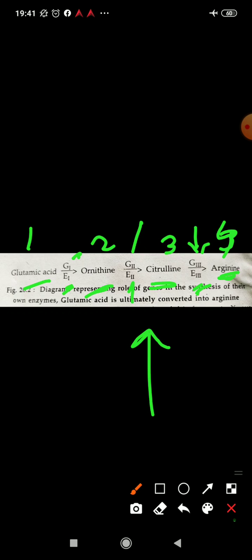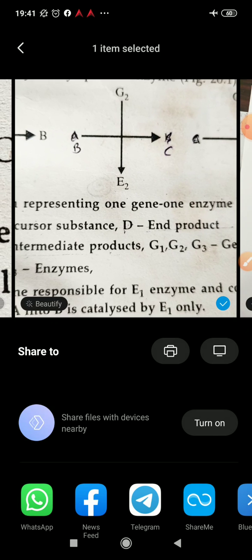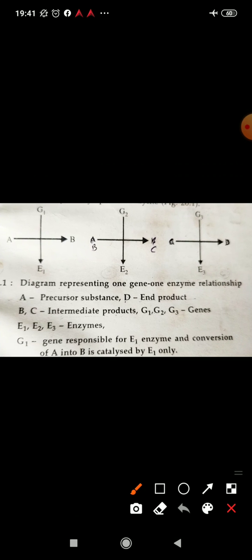If suppose we supply B, or one can take the example of these products, if we supply ornithine, and if the last step, that is formation of arginine, occurs, then one can predict that there is a mutation in the G1 gene.